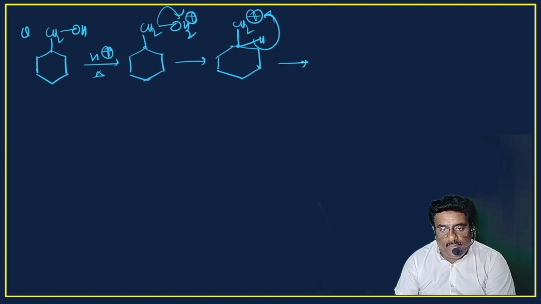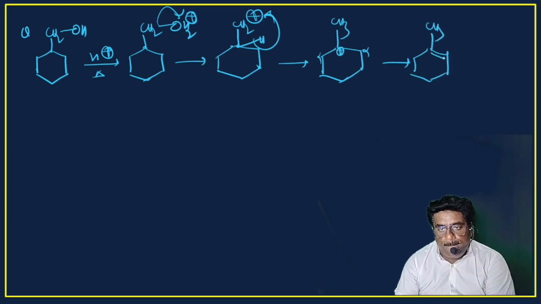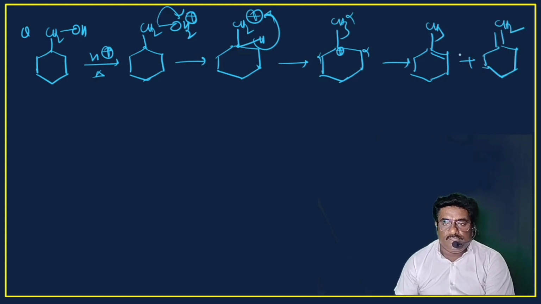It forms a stable carbocation. There are two alpha positions, so two possible products are formed. A CH3 alkene, and it is also alpha, forms CH2, which is major.